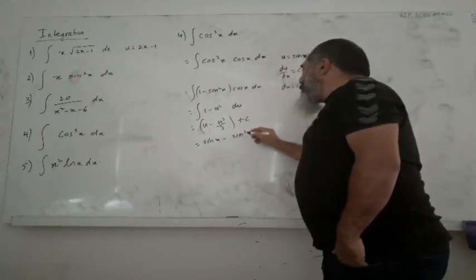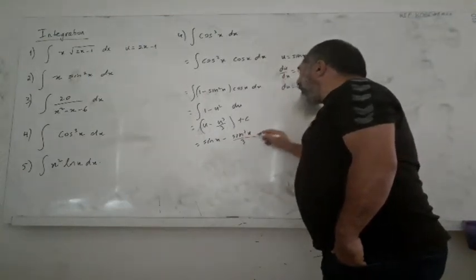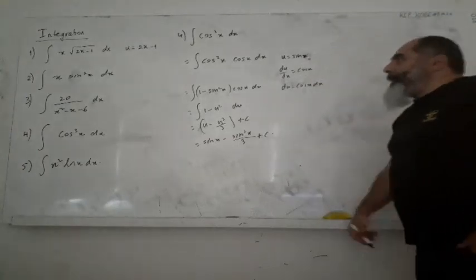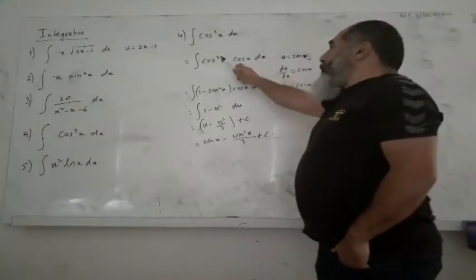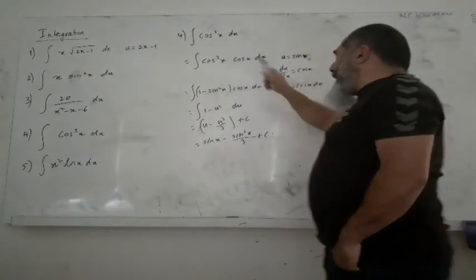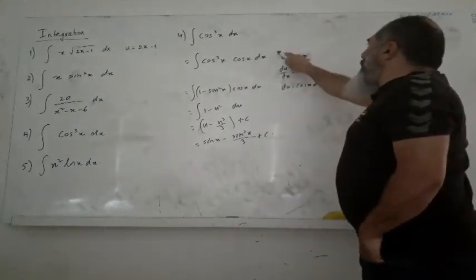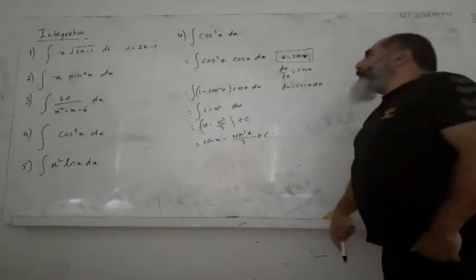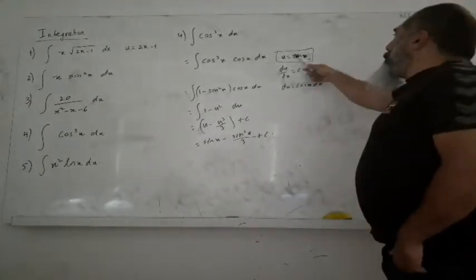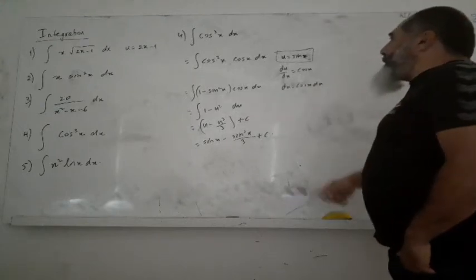In this question, it is important to separate cosine cube x into cosine square x times cosine x and choose a suitable u for the substitution process. And why did I choose u as sine x? Because I know that the derivative of sine x is cosine x.